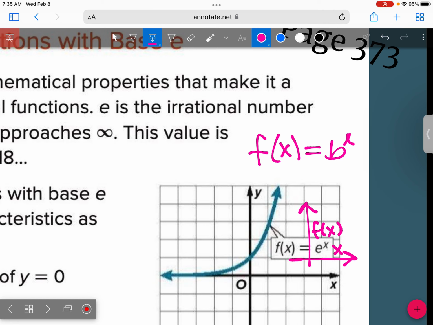That's why with our parent functions we always had a y-intercept of 1, okay? We always had an asymptote of y equals 0. So very similar to our parent functions with exponential growth functions, we have e, very similar, okay? E just represents a funky number. All right, everyone grasping the concept of e? Just think of it as a number.